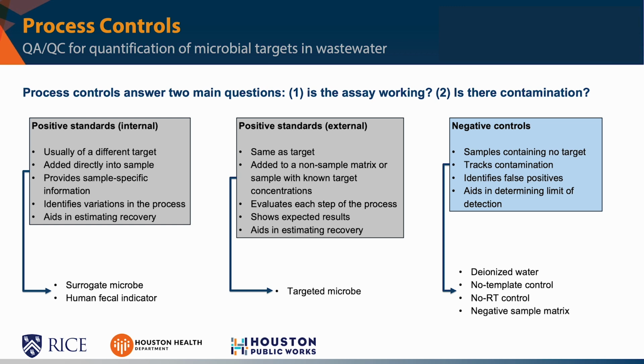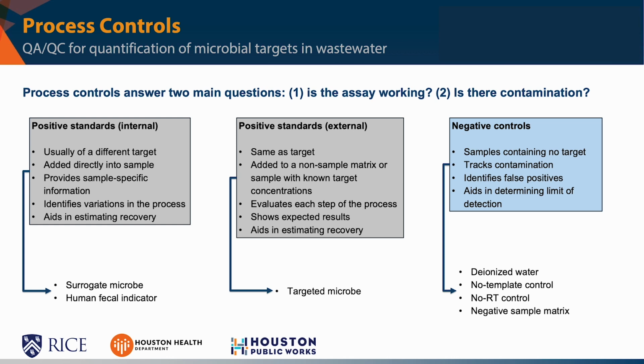Negative controls, opposite to positive controls, are samples that should be free from microbial activity or at least not contain any detectable concentration of the target of interest. These controls therefore help us to answer the question of whether the sample is contaminated. If there is significant and consistent amplification in the negative control, that batch of samples should be removed from the process and each stage should be evaluated for possible sources of contamination.